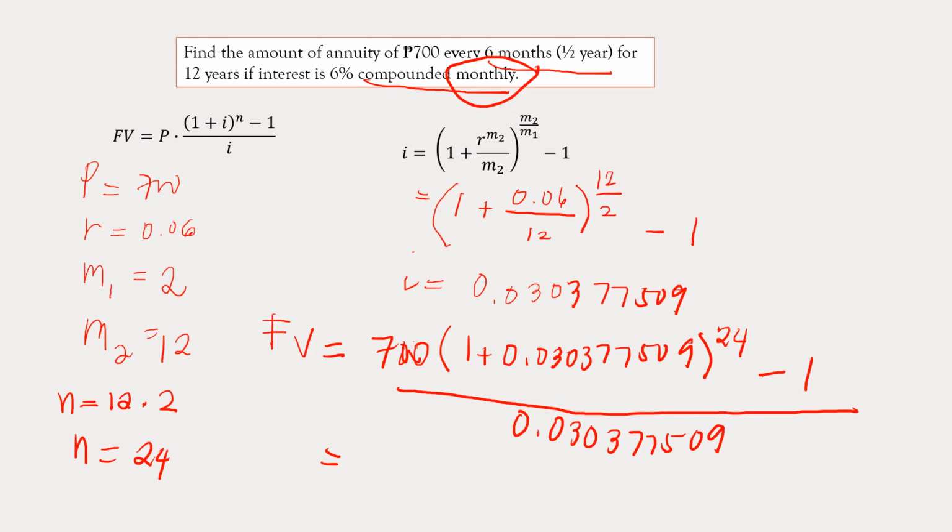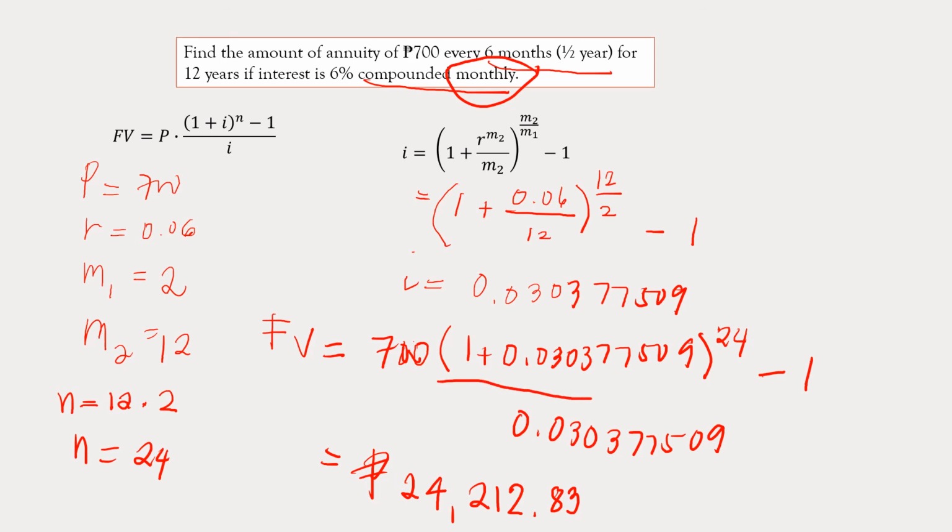Tapos, i-divide natin ulit sa 0.030377509. Saka lang natin ita-times sa 700. That's why the answer is 24,212 and 83 centavo.